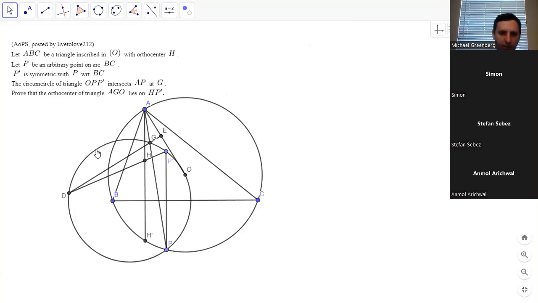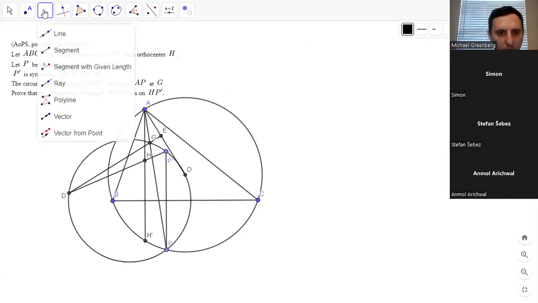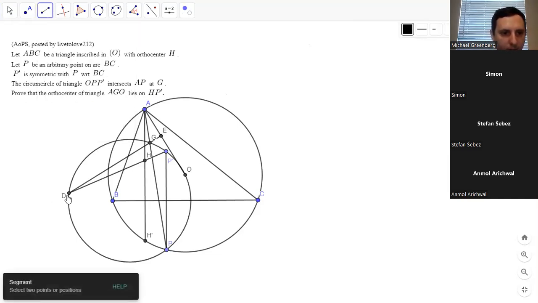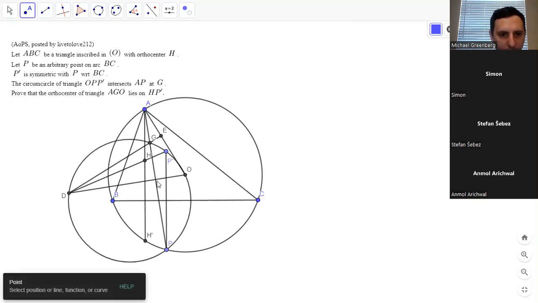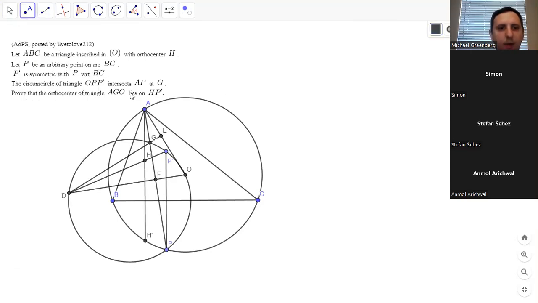I think intersect DO with AP. Are they perpendicular? Yeah, that's the orthocenter. They'd have to be. Yeah, you're right.